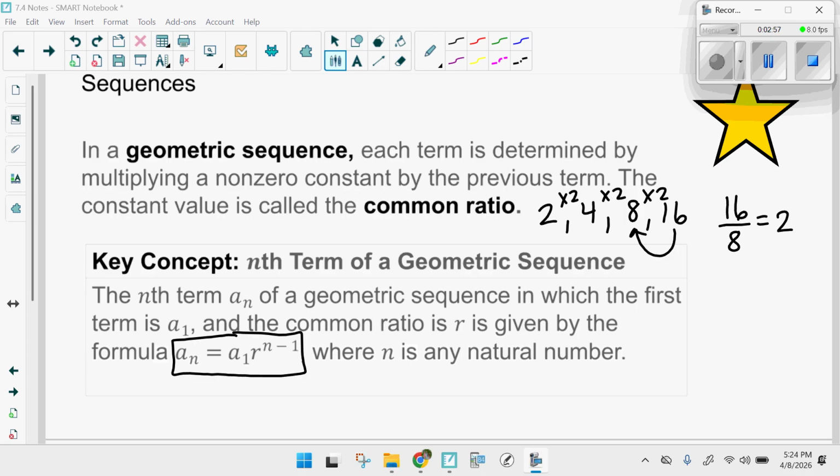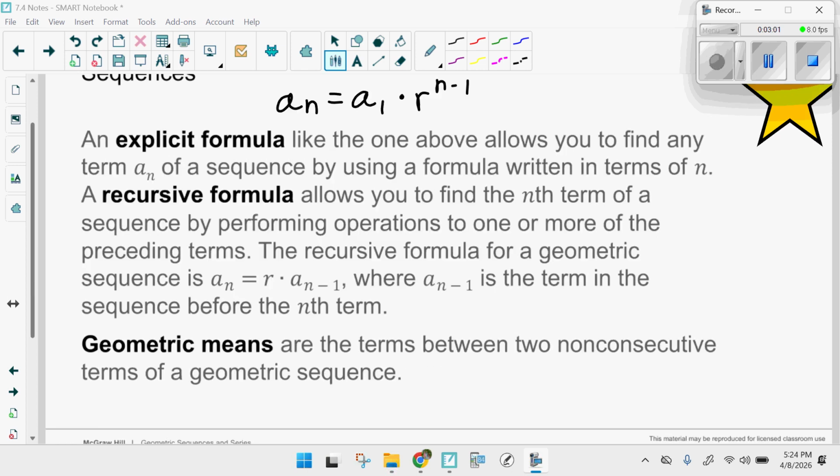A sub n represents the term value of that number. The explicit formula allows you to find any term value at any point in the sequence. And we also have a recursive formula which allows you to find each term in the sequence if you know the previous term.